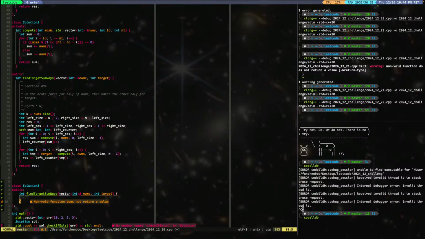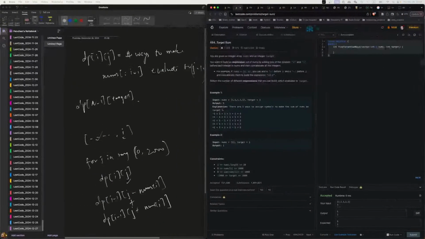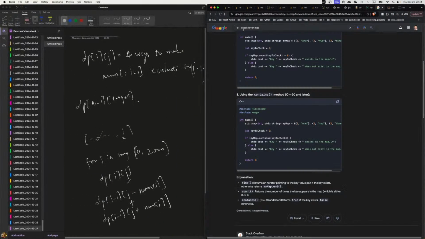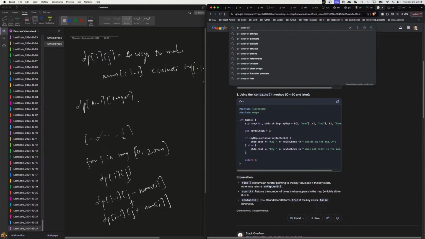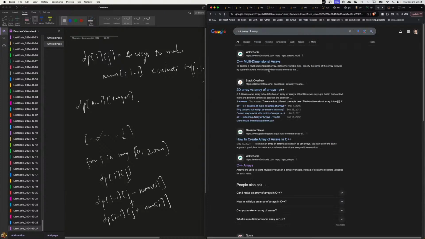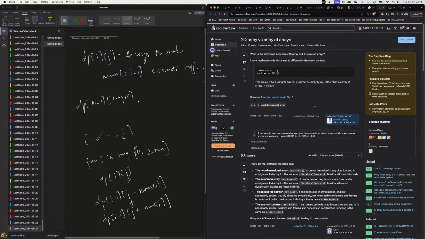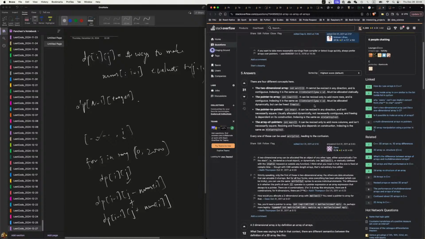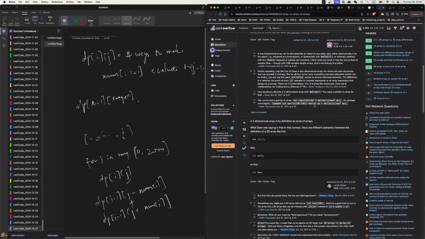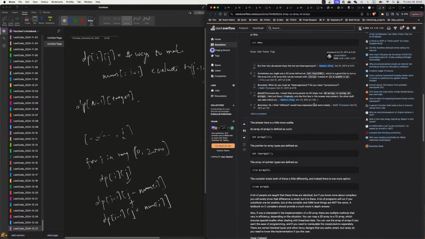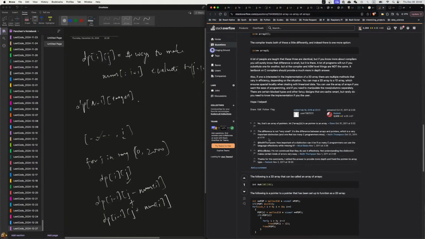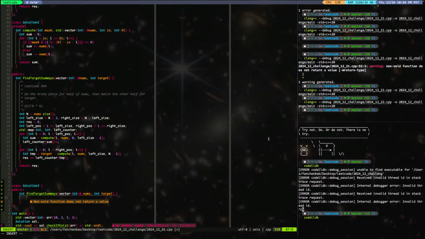Alright, we need to find how to do a 2D array. Do I just use vector? I guess you can do this. I just need to know the size.